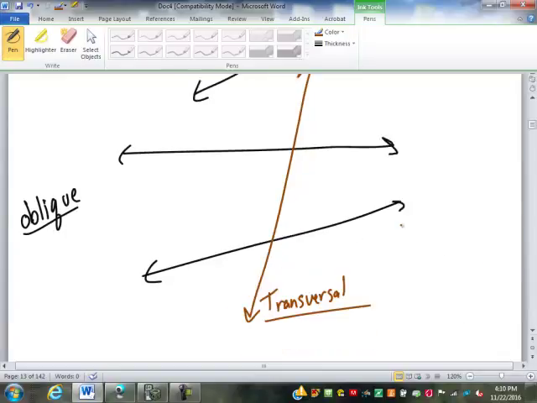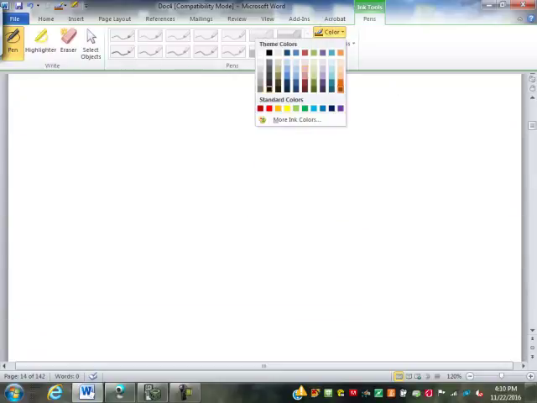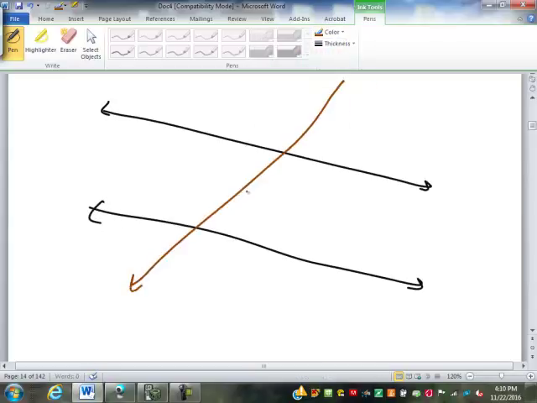It's not very interesting when they cut across oblique lines. The power of a transversal really comes into play when we have parallel lines. So pretend those lines are straight and parallel. If I cut these lines with a transversal, pretend that line's straight too. You got it?